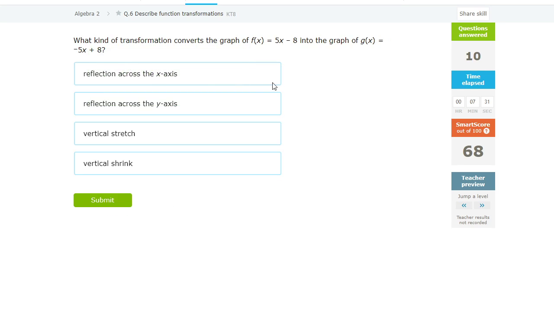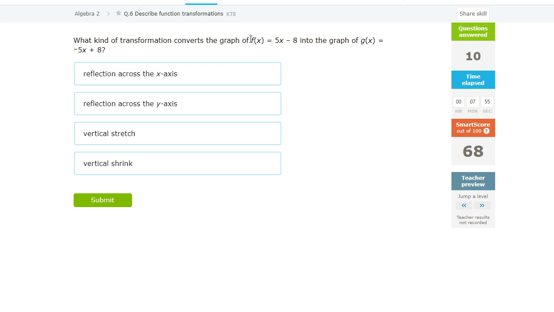Okay. All right. Now looks like we're going into the linear functions. So it says what kind of transformation converts, and we have 5x minus 8, and then I have negative 5x plus 8. So notice that the first function had a positive 5x, now it's negative, and the negative 8 became a positive 8.